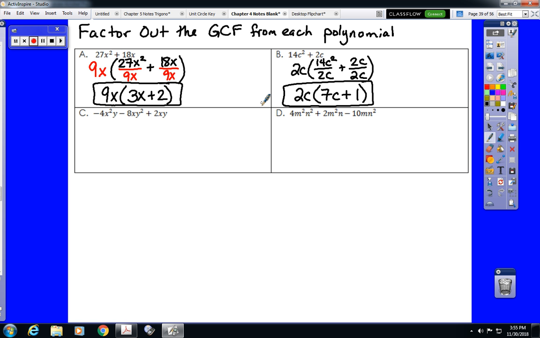Now we can extend that from binomials out to trinomials very easily. If we look at letter C, all three of these terms are divisible by a 2. They all have at least one x, and they all have at least one y. So the greatest common factor would be 2xy. Again, what we're going to be doing there is dividing each term by 2xy. So each term in this expression is going to be divided by 2xy.